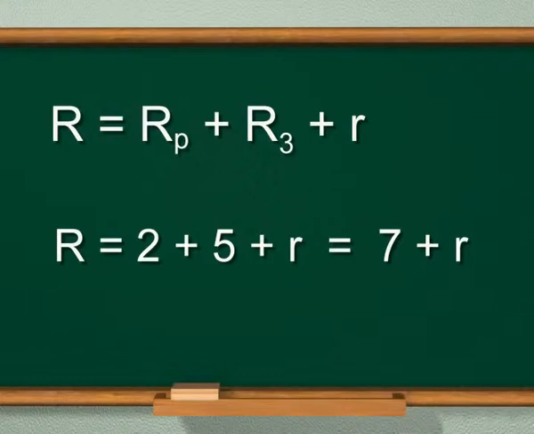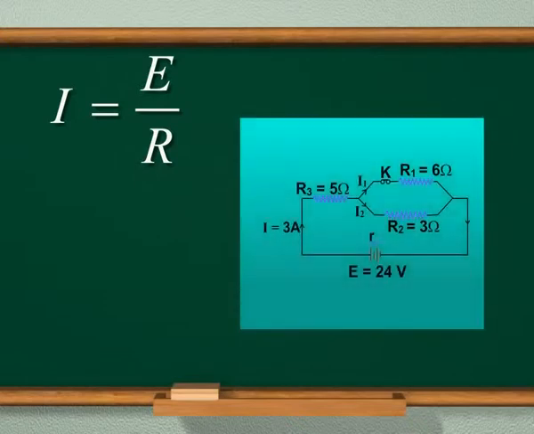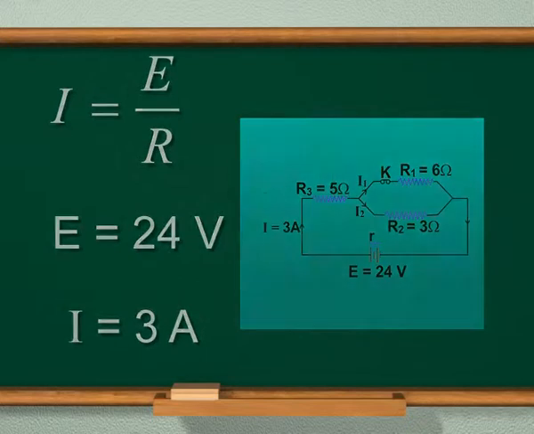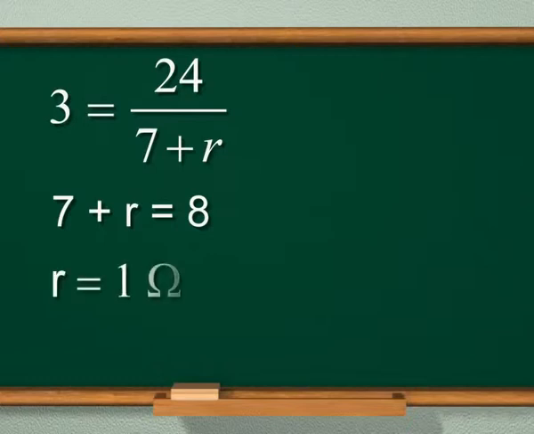The current in the main circuit I is equal to E by capital R. Here E is equal to 24 volts and I is equal to 3 amperes. Therefore, 3 is equal to 24 upon 7 plus small r, or 7 plus small r is equal to 8, or small r is equal to 1 ohm.